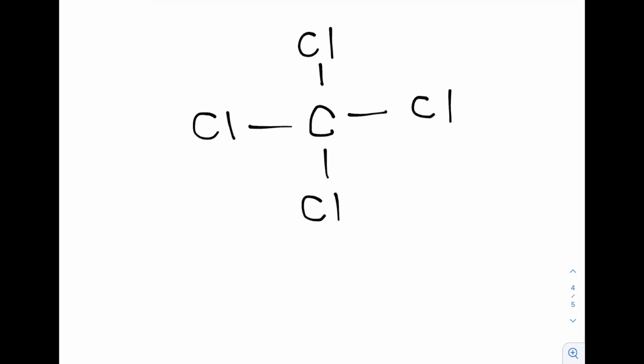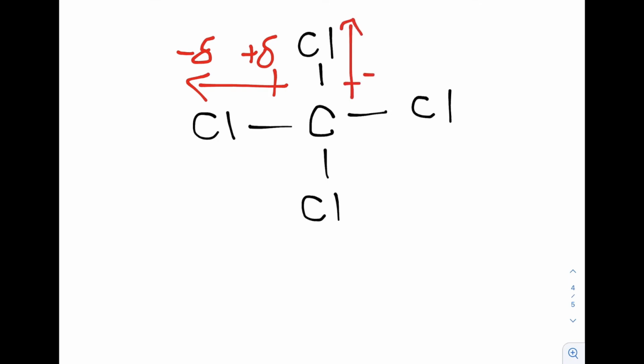So if each one's polar, because there are 4 bonds, then you can draw the dipole moment. Let's use a different color, so let's make it red. This is the dipole moment for each one.